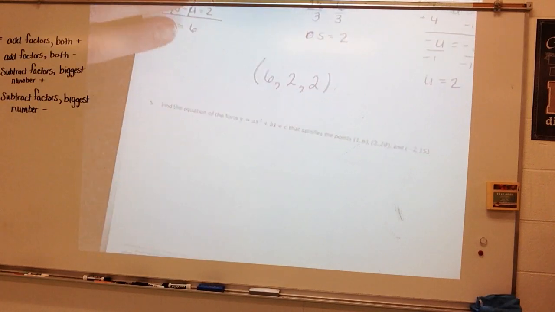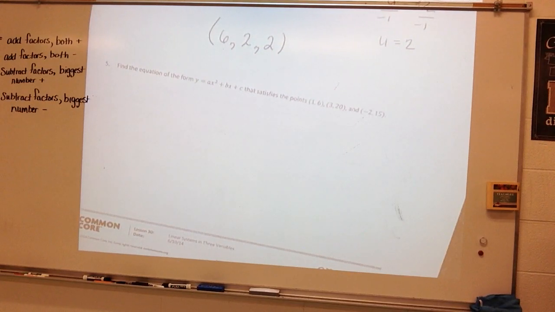Alright, let's look at exercise 5. Find the equation of the form y is equal to ax squared plus bx plus c that satisfies the points 1, 6, 3, 20, and negative 2, 15. Alright, so let's think about this.